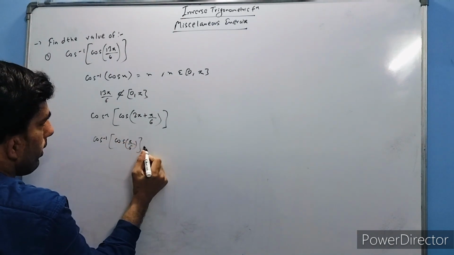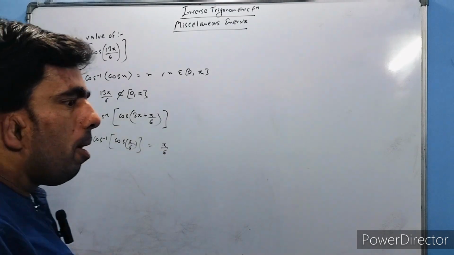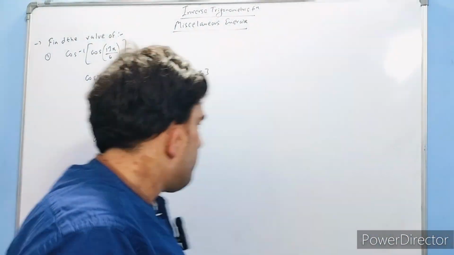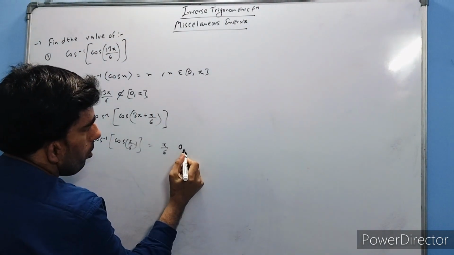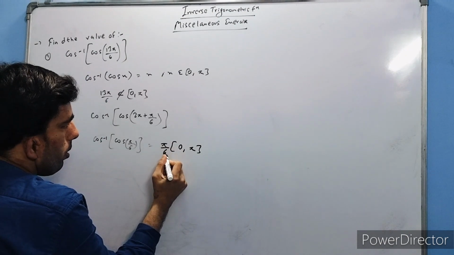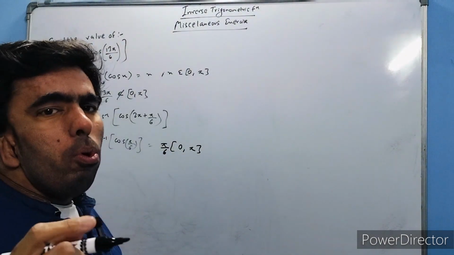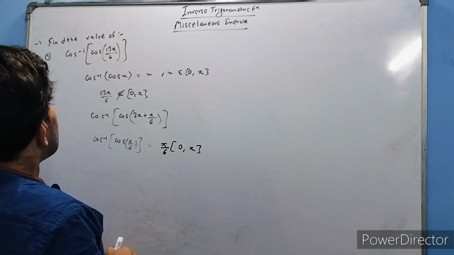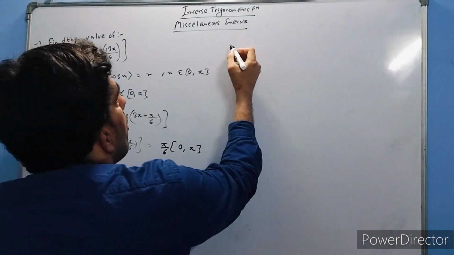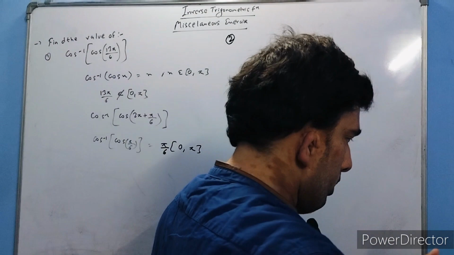So it will be pi upon 6, because pi upon 6 belongs to the interval 0 to pi. Pi upon 6 is 30 degrees, and it is included in the 0 to 180 degree range. So that is how we try to find a value. Let us see what the second question says.